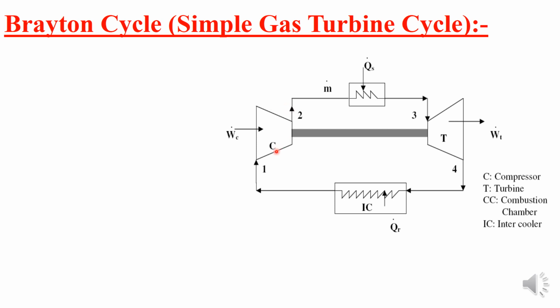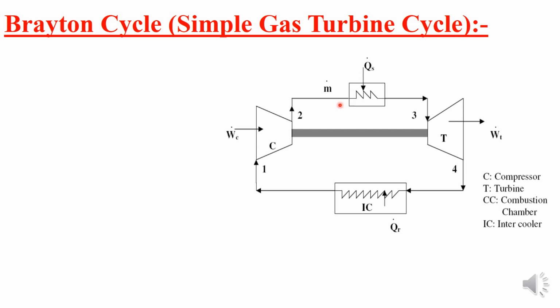Next, after P2 has been reached, then it is going to the combustor, where heat is supplied to the system. It is like a boiler or any other equipment, heat exchanger process, where fuel is burned outside and that energy is transferred to your air in the combustor. So this is known as combustor, where you are going to supply the heat to the system, that is QS.